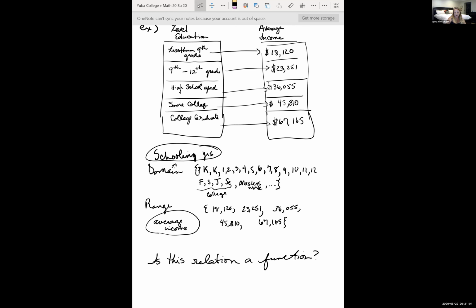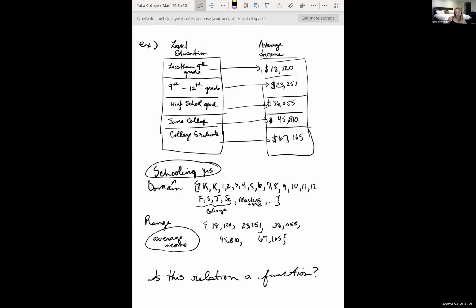Okay, so again, in order to be a function, for every input you put in, every value in our domain would only give us back one corresponding output. So if you only got through pre-K, what average income would they get back? Well, that would fall in this set, and they would get back the $18,120. Same thing with everybody here, pre-K through 8th.